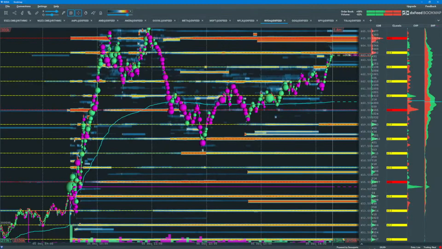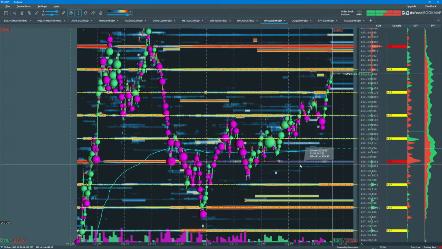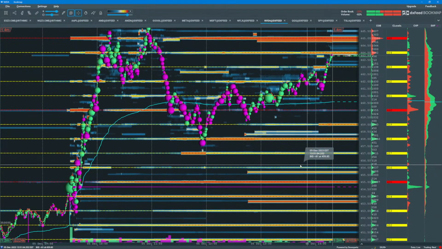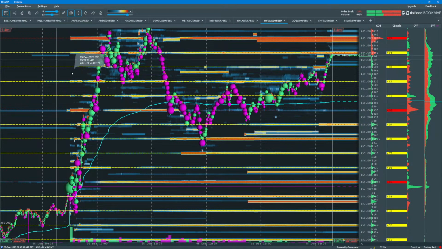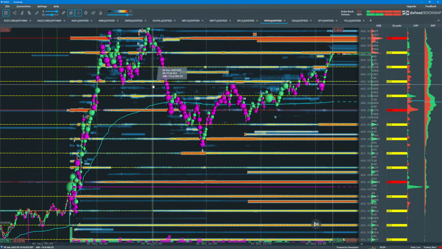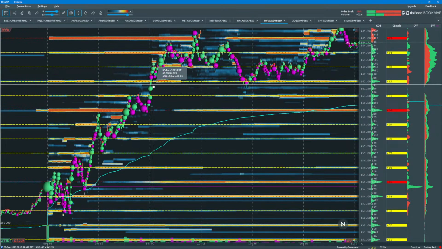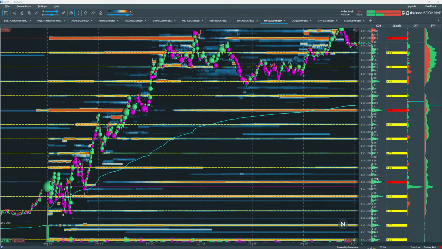Let's go back to Bookmap. And NVIDIA was also moving pretty quickly this morning. Let's just zoom in on this. Zooming in a little bit, we see there were plenty of pullbacks for long entries.